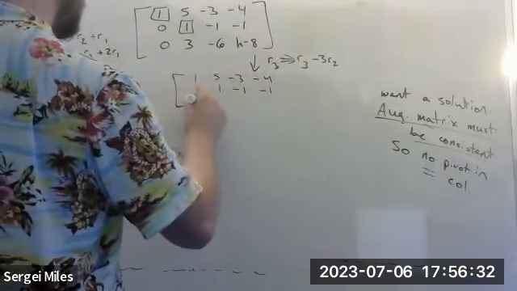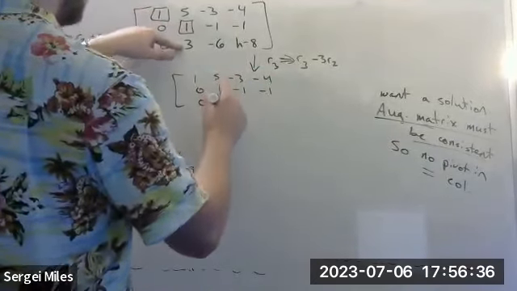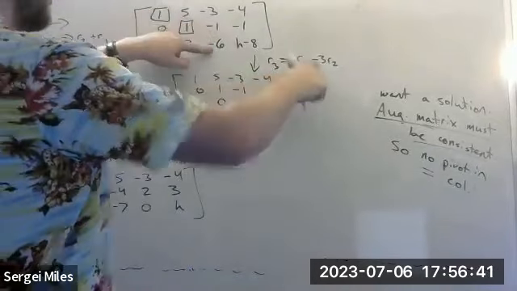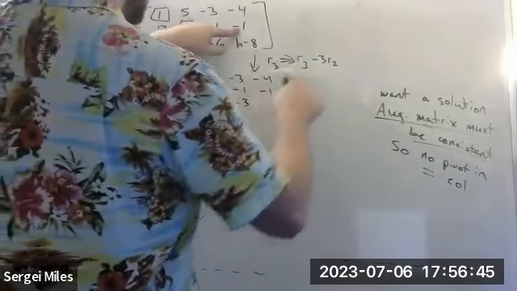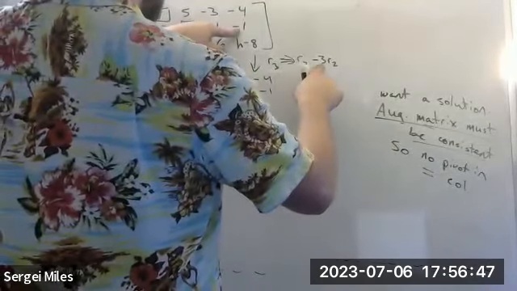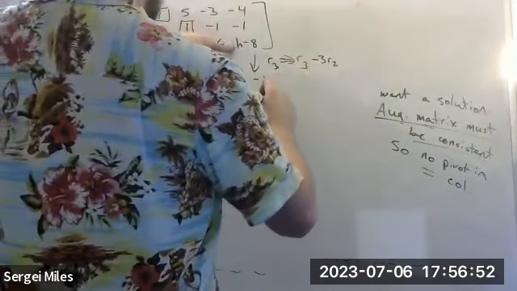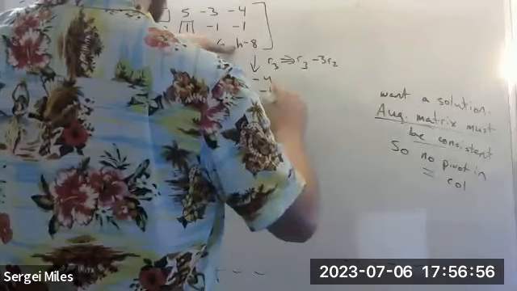And row 3 is going to become 0. 1 times negative 3 is negative 3. When I add, 0. Negative 1 times negative 3 is a positive 3. So when I add, negative 3. And then negative 1 times a negative 3 is going to be a positive 3. So when I add, we're going to get h minus 5.